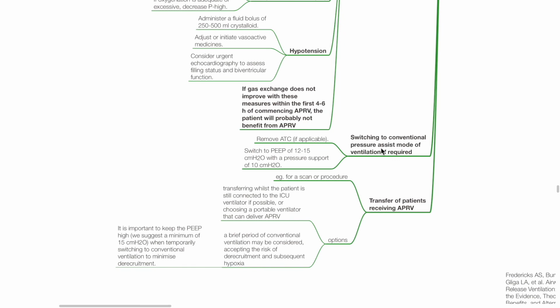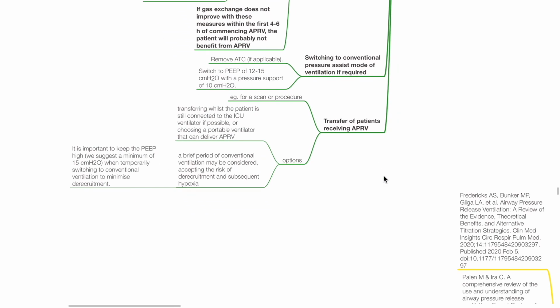Switching to a conventional pressure assist mode of ventilation if required: remove ATC if applicable. Switch to PEEP of 12 to 15 cm H2O with a pressure support of 10 cm H2O. Transfer of patients receiving APRV, for example, for a scan or procedure.